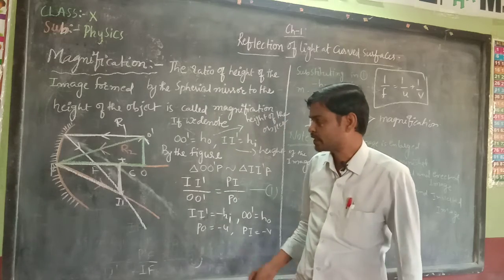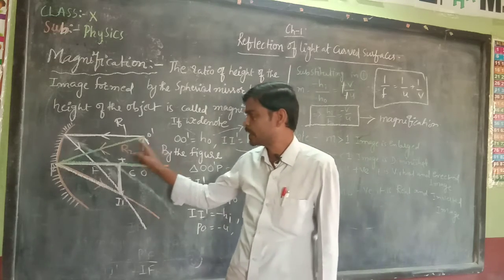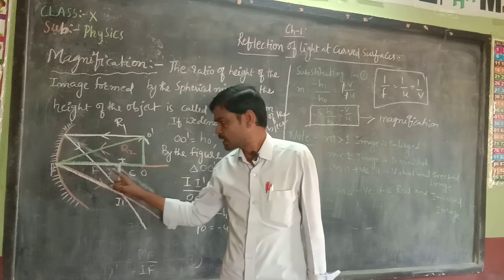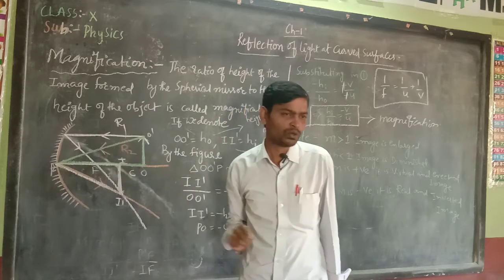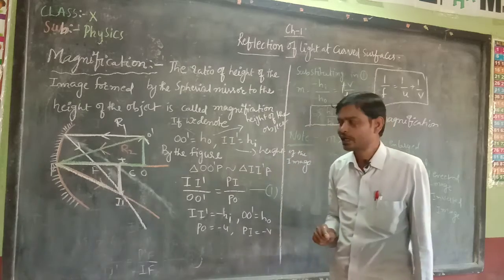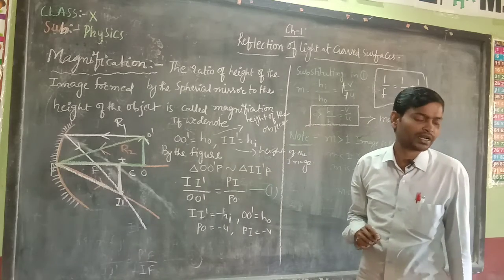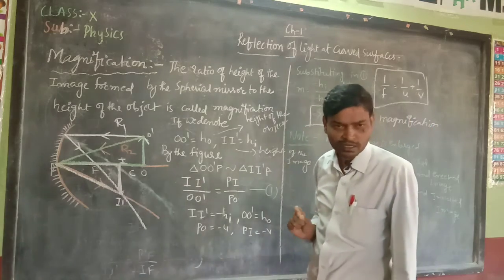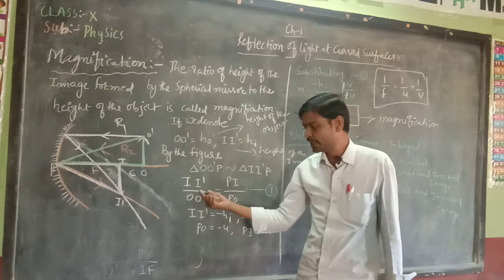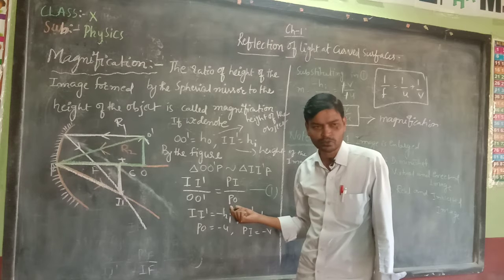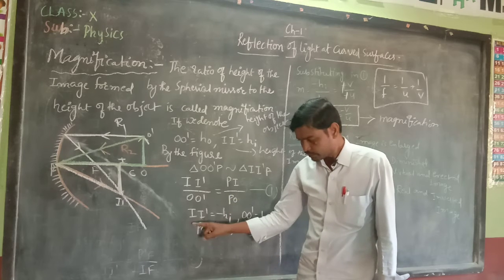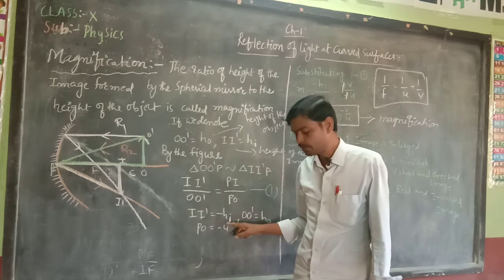Now here we are taking the triangles O dash and P, and I dash and P. These two triangles are similar to each other. If two triangles are similar, then the ratio of their corresponding sides are equal. Therefore I dash by O dash is equal to Pi by Po. But I dash is equal to minus Hi.